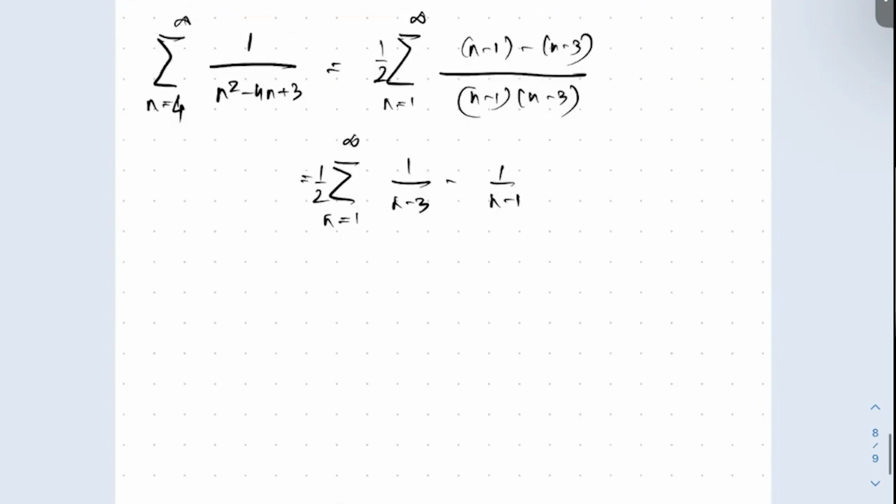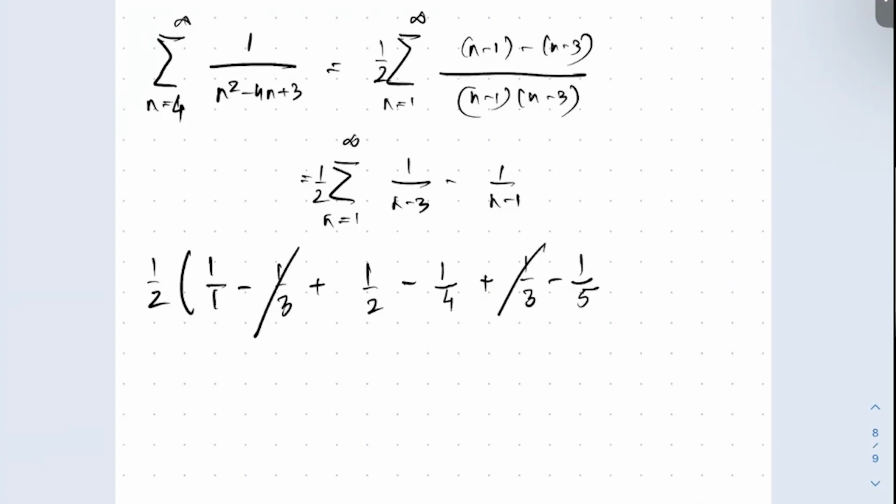So you can write it as half times, for n equal to 4, 1 by 1 minus 1 by 3. The next one, for n equal to 5, will be 1 by 2 minus 1 by 4. Then for n equal to 6, it will be 1 by 3 minus 1 by 5. Observe this 1 by 3 cancels. For n equal to 7, it will be 1 by 4 minus 1 by 6.